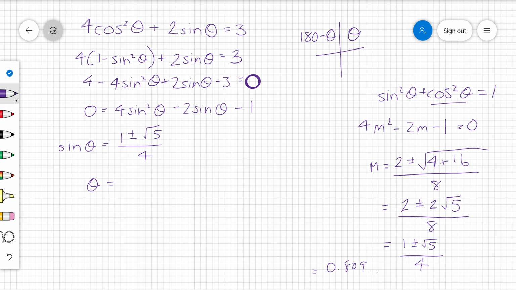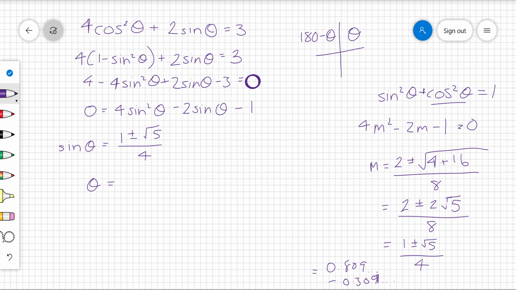And if I do 1 minus root 5 and divide that by 4, I'm going to get negative 0.309 something. So if I store that as well, I've got those two there. So I'm getting positive and negative answers here.